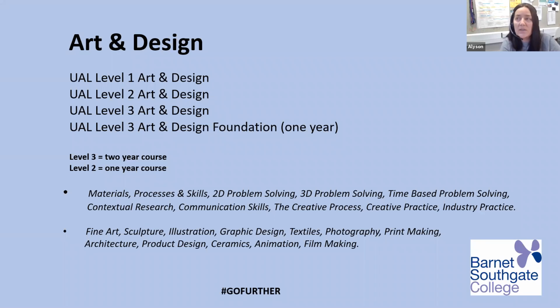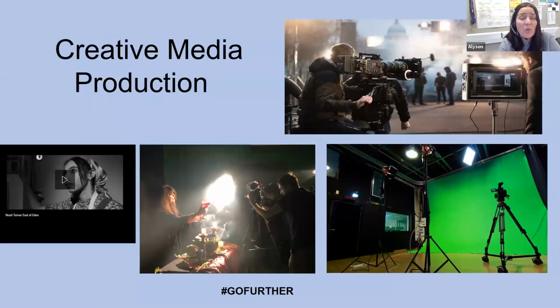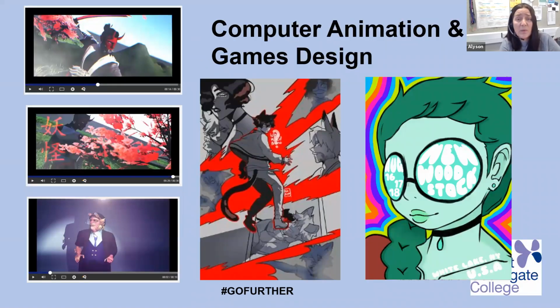It would be looking at materials, processes, and then they learn and build upon them within the first year. And the second year is when they would choose specialisms, and then at that point they would move on to university.